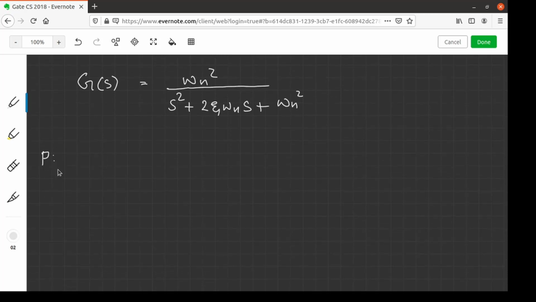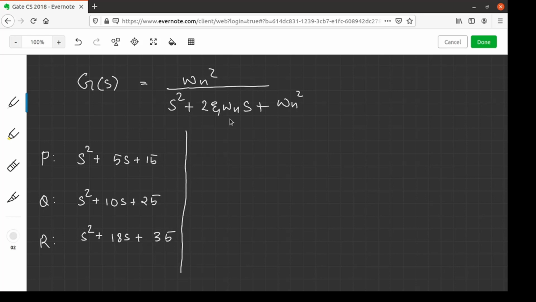So we have P, Q and R. In system P, the characteristic equation is s squared plus 5s plus 15. For system Q, it is s squared plus 10s plus 25. And for system R, it is s squared plus 18s plus 35.